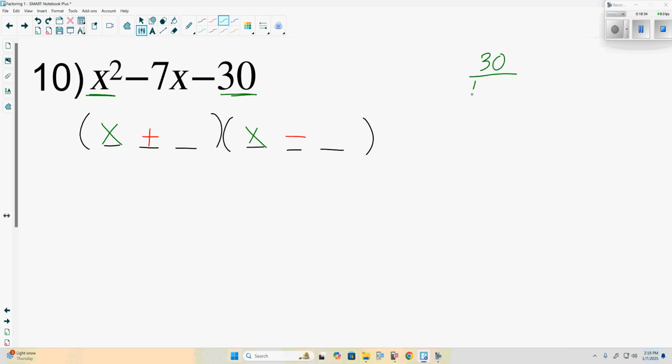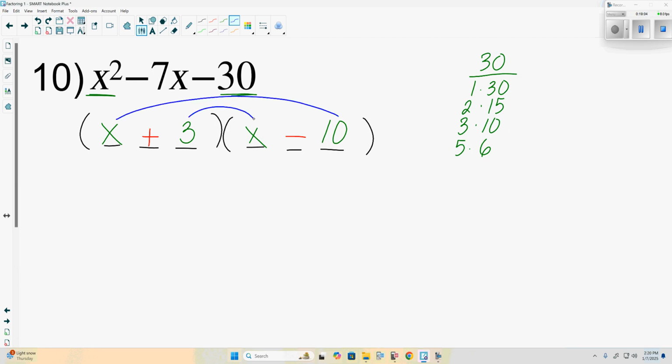Our factors of 30, we have 1 and 30, 2 and 15, 3 and 10, 5 and 6. Which one of these do we want to try first? 3 and 10. Which one goes first? 3. 10 goes second. x times negative 10 is negative 10x. 3 times x is plus 3x.